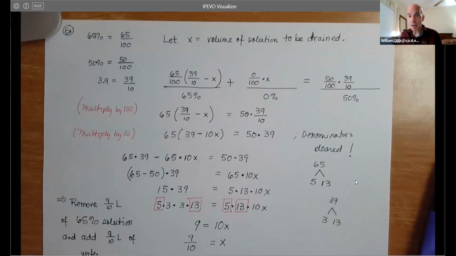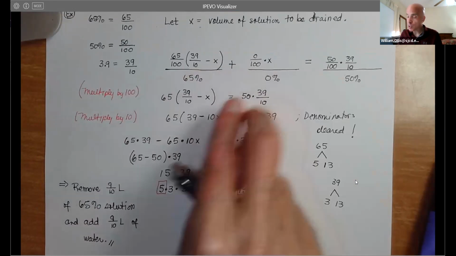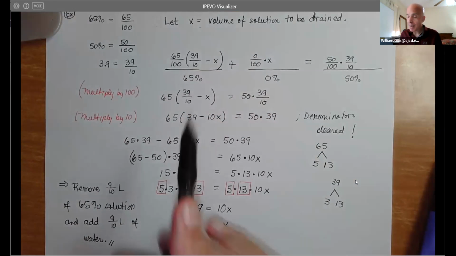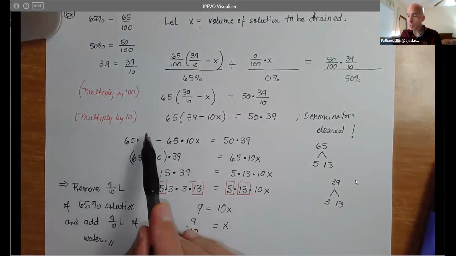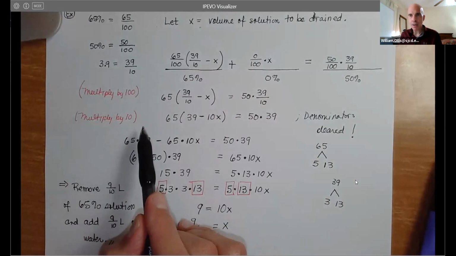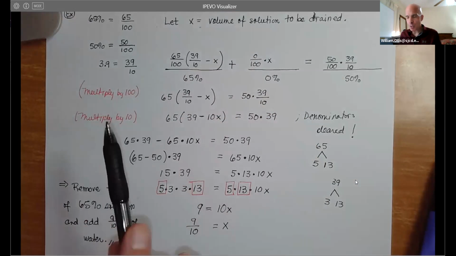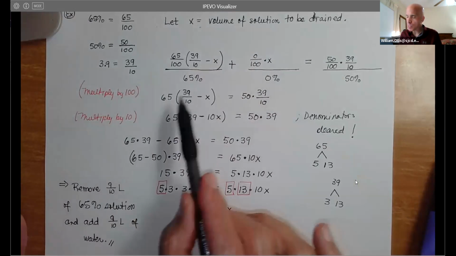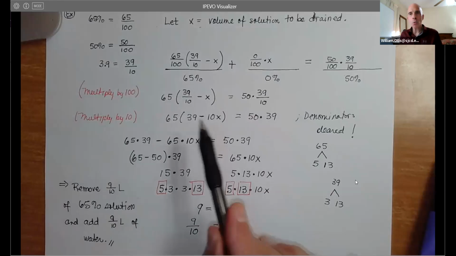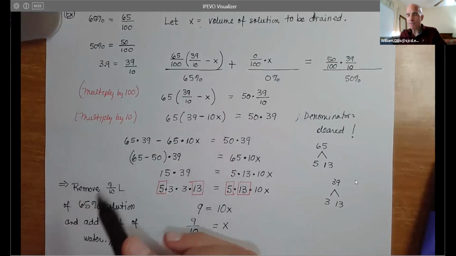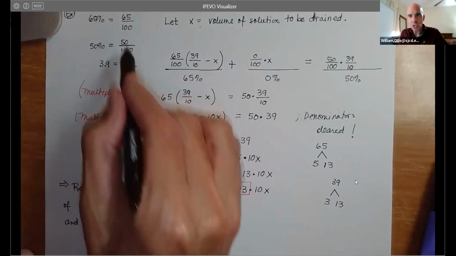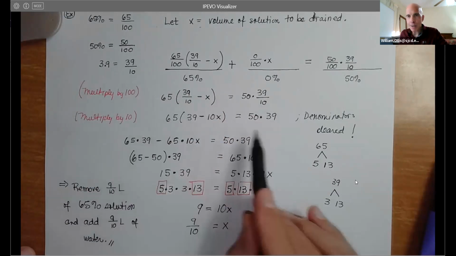And so as we move from the blanks to the equations, I did this in 2 steps. You could have hit this with 1,000, but I think that's a little bit much. It's kind of easier to see it in 2 steps. So as you work these problems, convert everything to these fractions and work it symbolically.